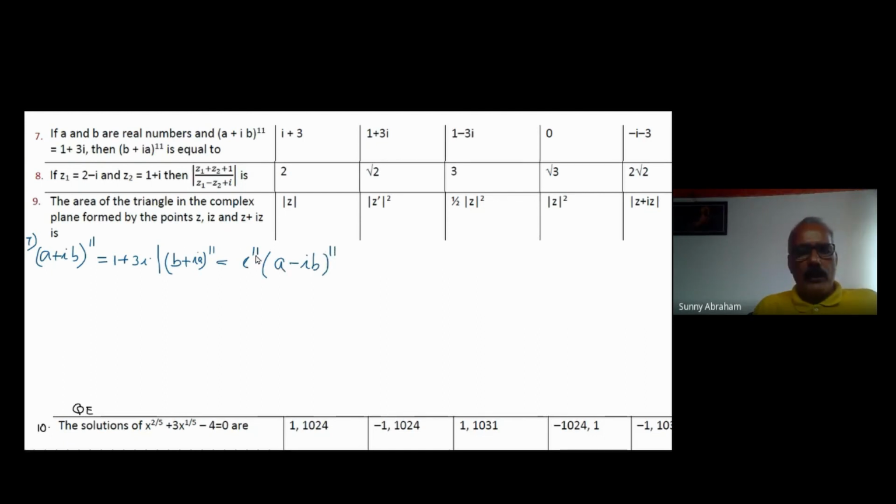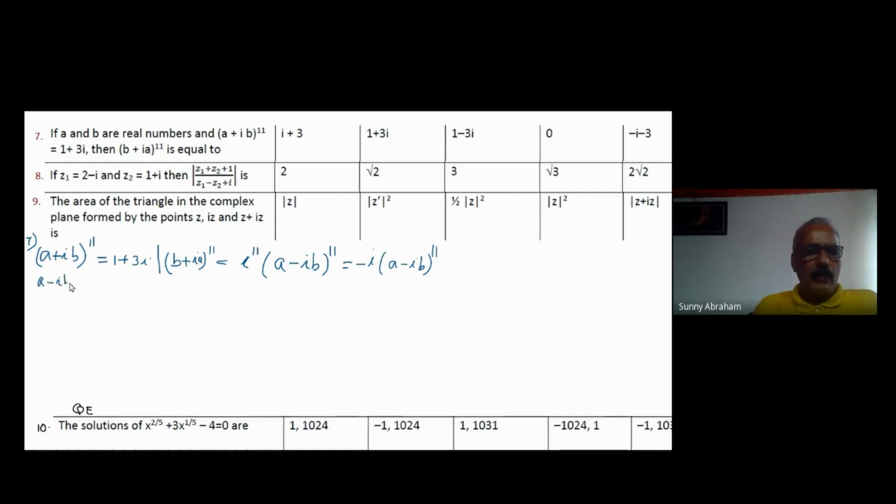You know, ι^11 is ι^10 into ι, and ι^10 means −1. So it is −ι into (a − ιb)^11. That is what your b + ιa is. So what is a − ιb?